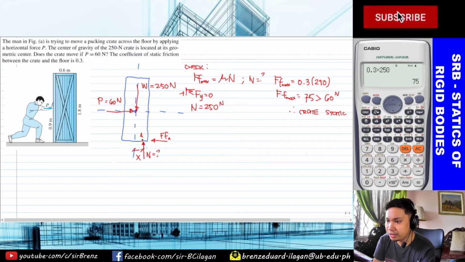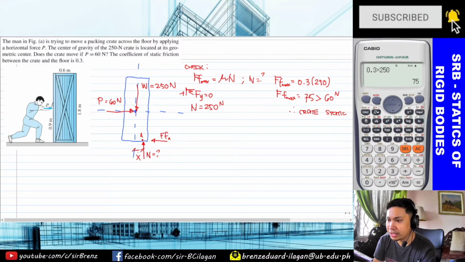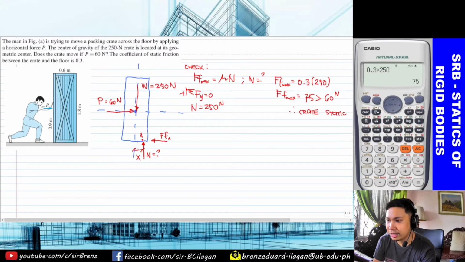So ibig sabihin yung assumption natin dito, yung sa N natin, tama yung location natin, which is equal to x. Okay? So, i-check natin kung paano natin makukuha yung x distance na yan.